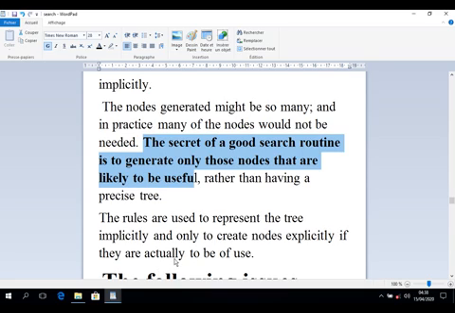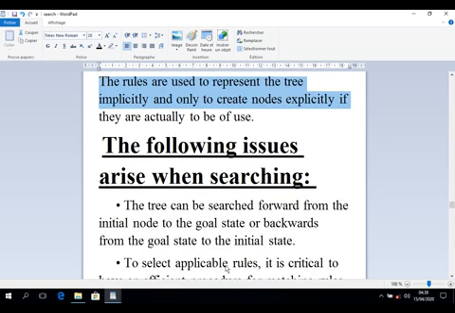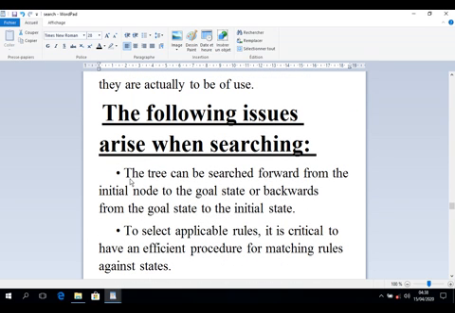To generate only the nodes that are useful, rather than having a precise tree. That is why you should have the implicit representation of the graph or the tree, rather than explicitly represent the entire tree. Is it okay?